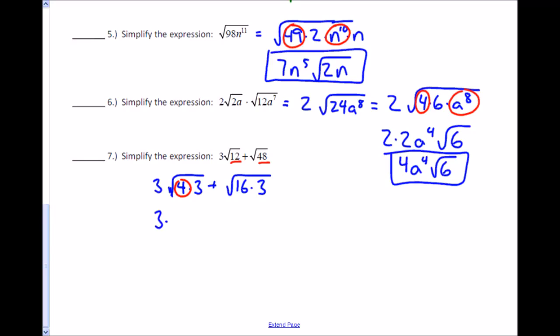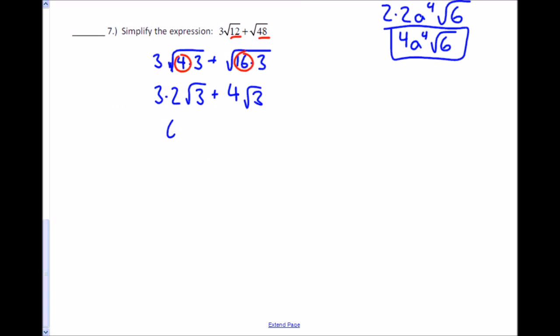It jumps to the outside as a changed number on the outside. The square root of 16 is a 4, so it goes to the outside. It's a changed number on the outside. And now over here I've got the 3 times 2, which is a 6, so I have 6 root 3 plus 4 root 3. Now, since I have like radical terms, I can add them together. It's going to be a 10 root 3. I add the coefficients, the radical part stays the same. Okay?